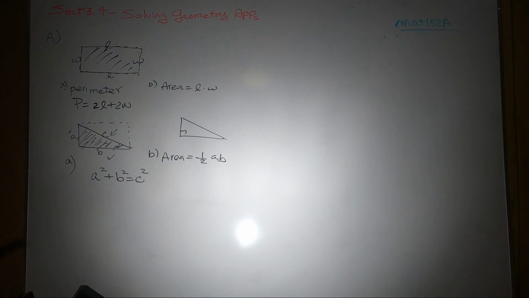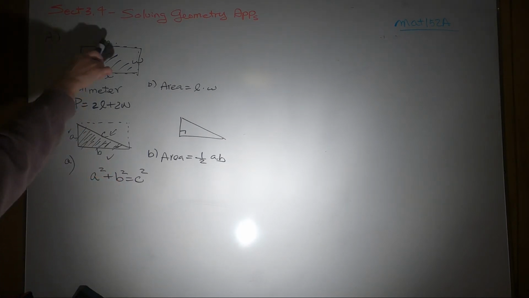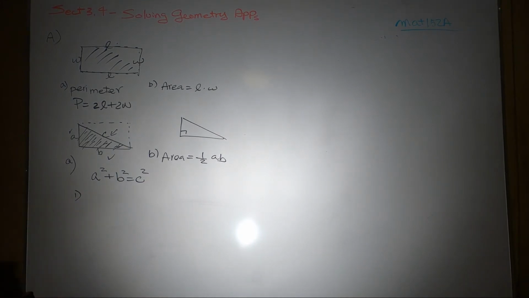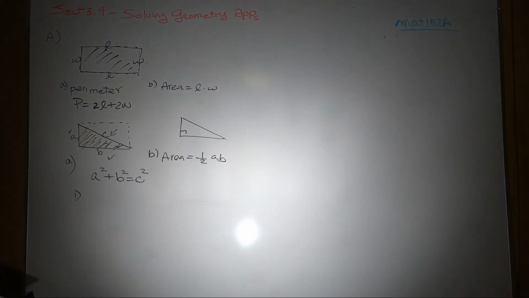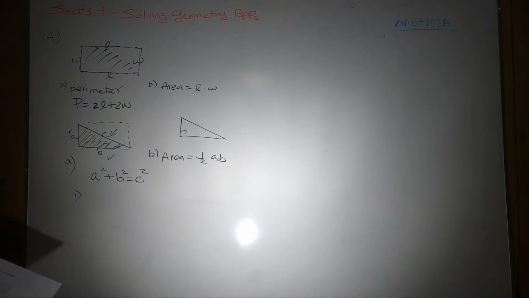So we want to learn how to measure right triangles and rectangles and figure out the surrounding, which we call the perimeter or the area. See what kind of things we need to do. Take a look at the first one.